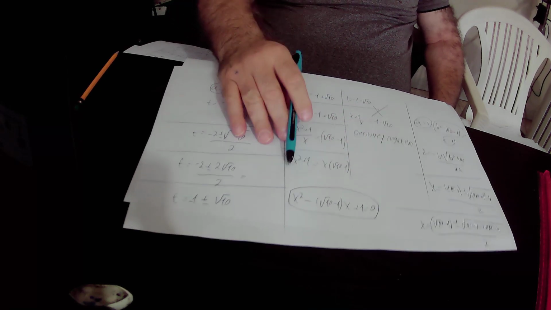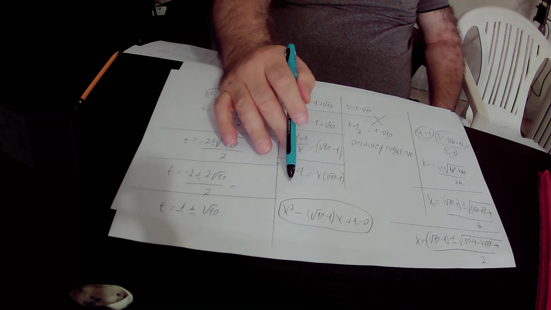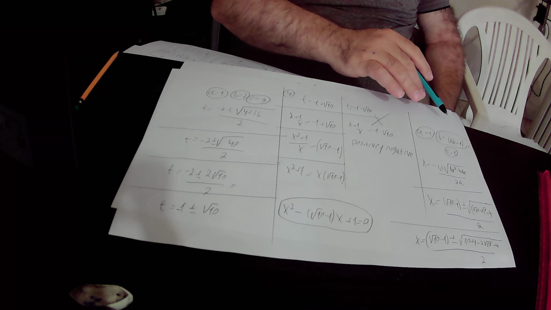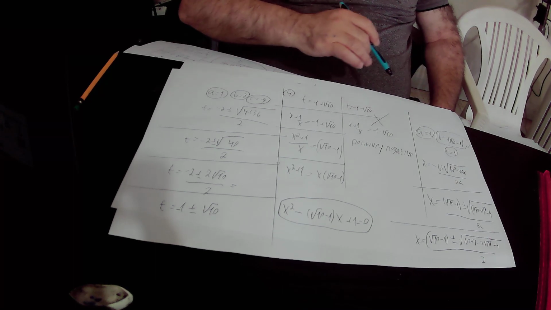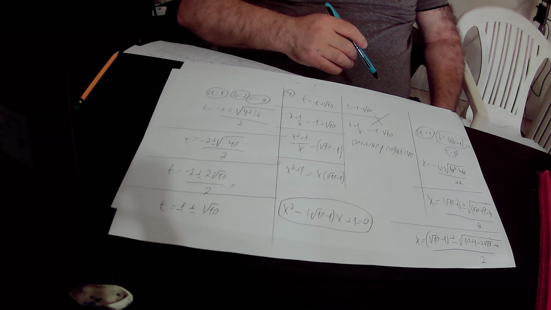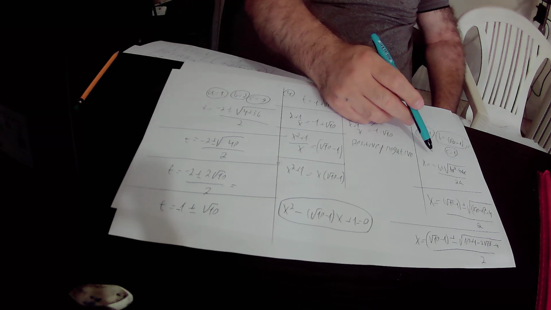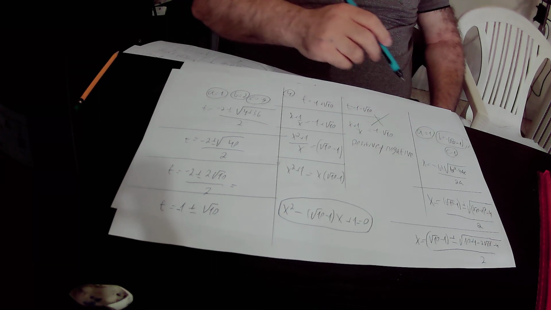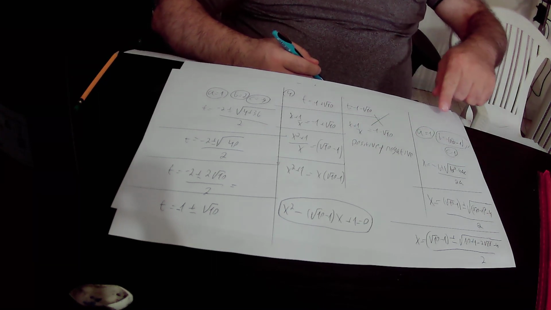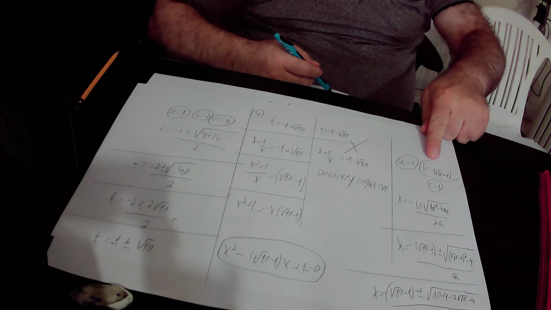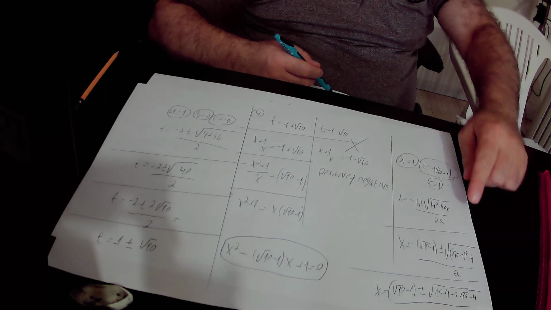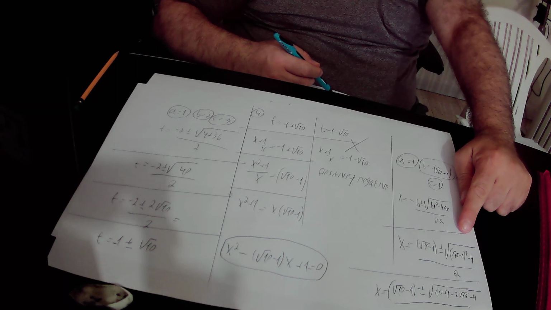In this quadratic equation, the coefficients are as follows: a equals 1, b equals minus square root of 10 minus 1, and c equals 1. And the solution for x is x equals minus b plus minus square root of b squared minus 4ac, over 2a, so x equals minus b. Here minus and minus is plus, so in conclusion minus b equals square root of 10 minus 1, plus minus square root of b squared.